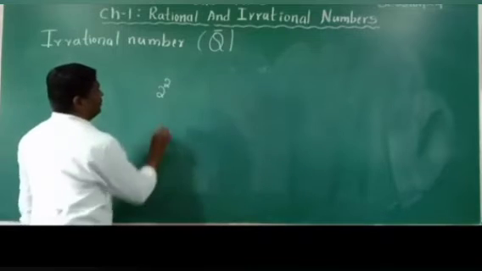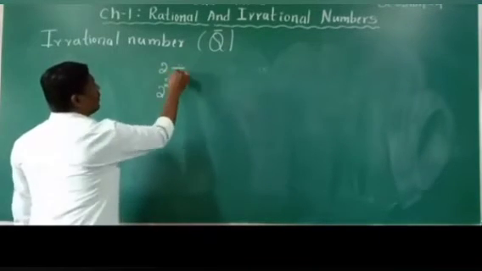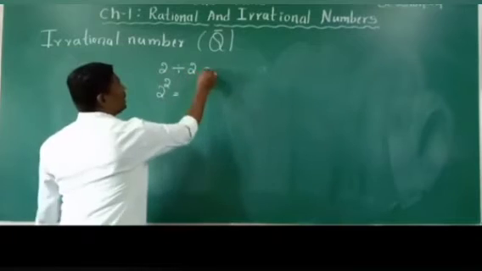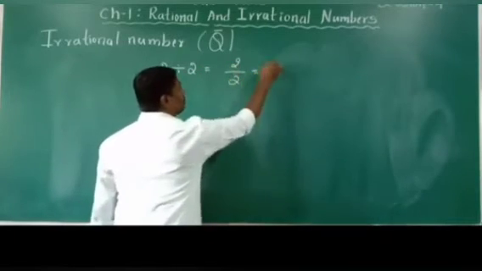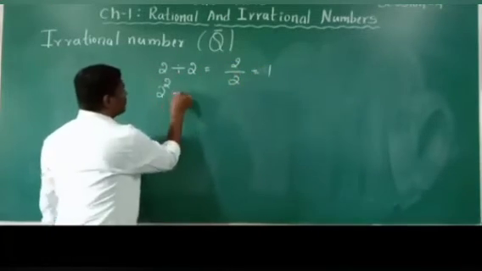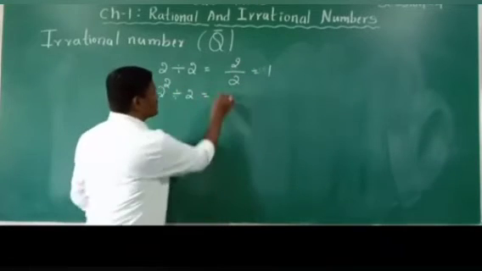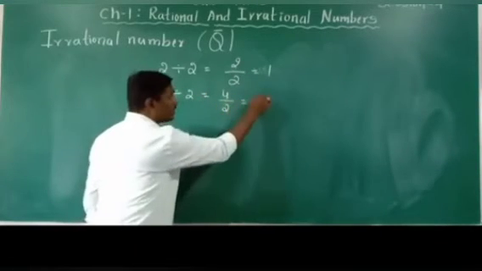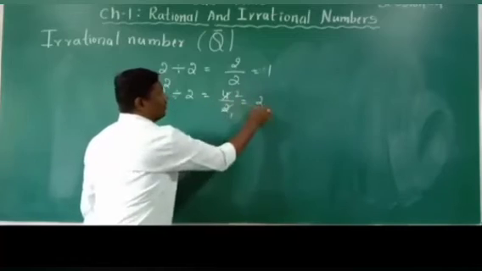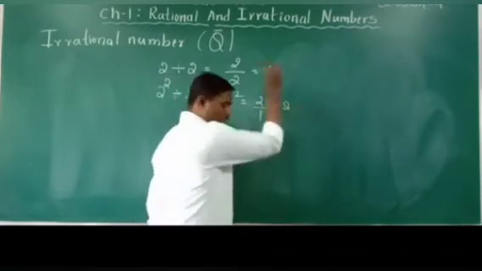Okay. Next, one more concept. 2 square. If I divide 2 square by 2, what will I get? 2 square value is 4. 4 divided by 2 means 2. 2 1s are 2, 2 2s are 4, so 2 by 1, simply we can write it as 2.